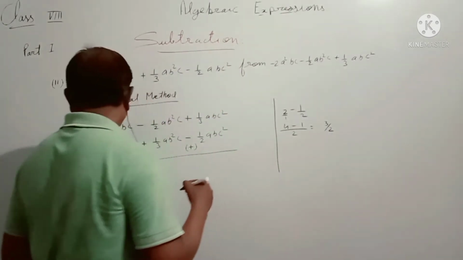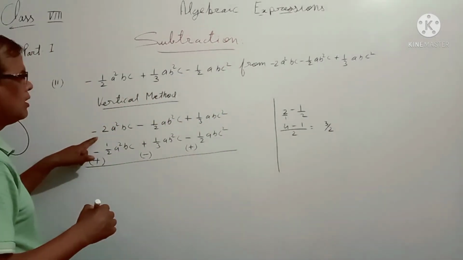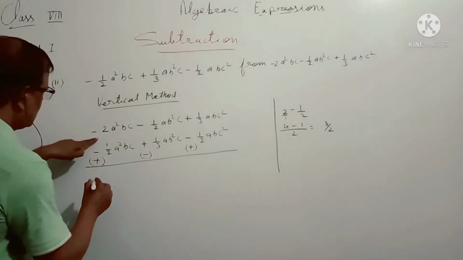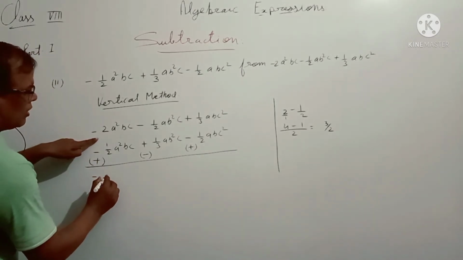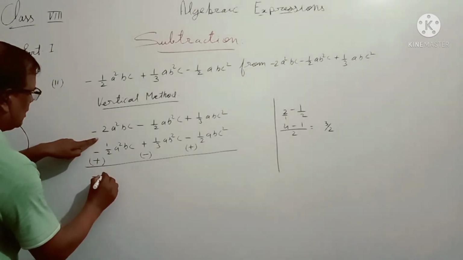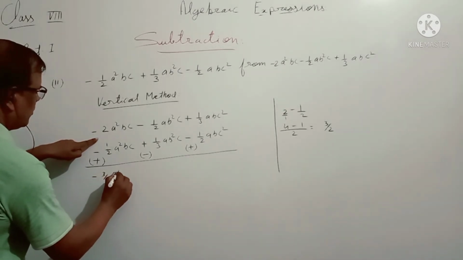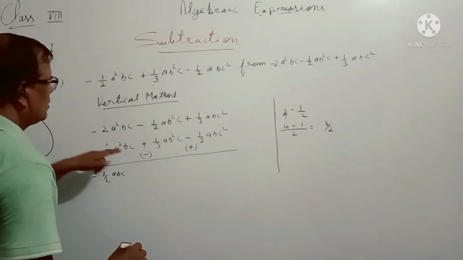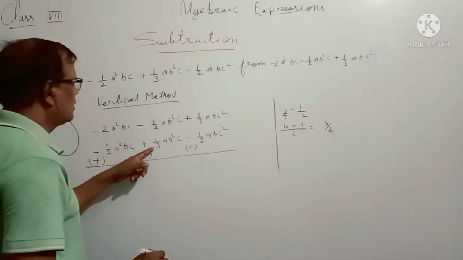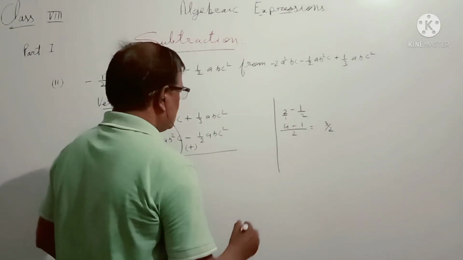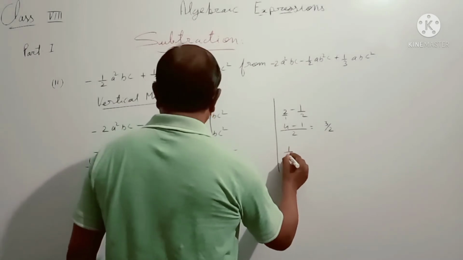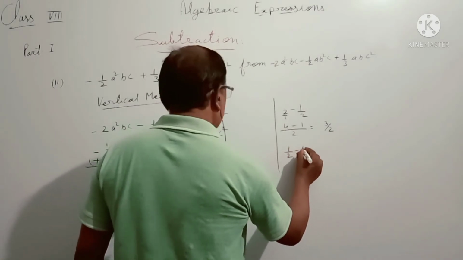And the sign of this value is negative, so we put the negative sign here, then write 3 by 2 a b square c. Then we see here 1 by 2 is greater than 1 by 3, so we will subtract 1 by 3 from 1 by 2.